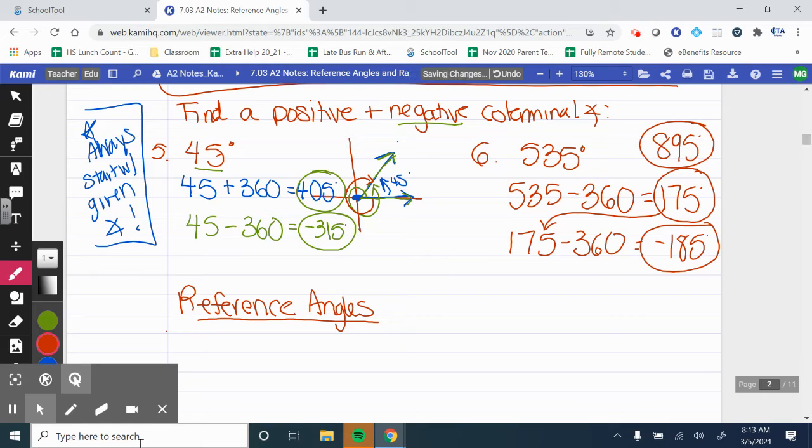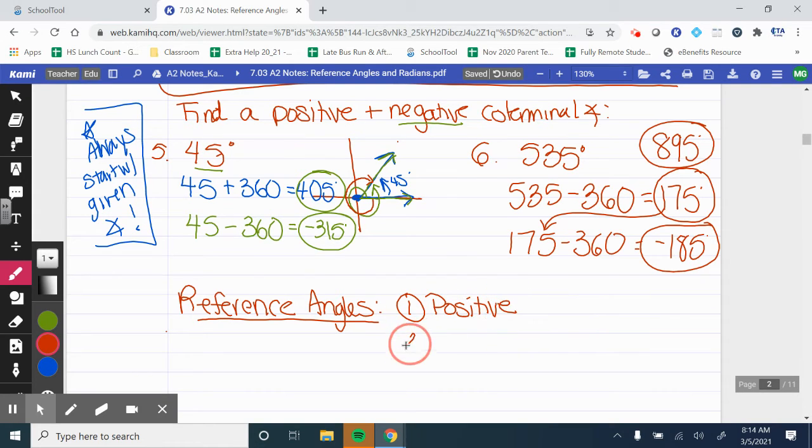So reference angles. 3 things you need to know about reference angles. 1, they must be positive. 2, they must be acute.